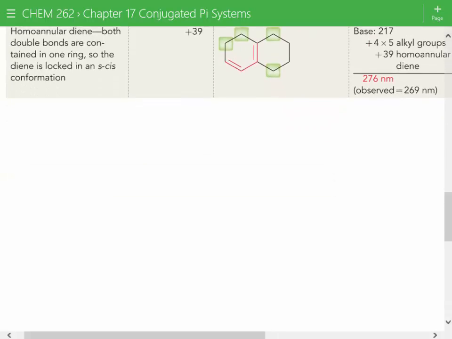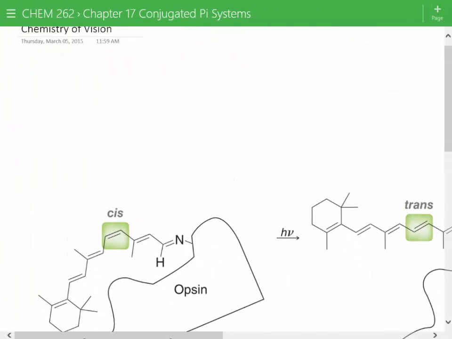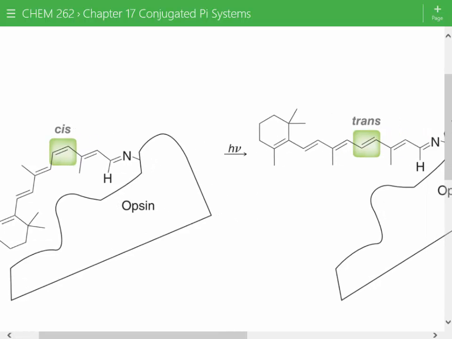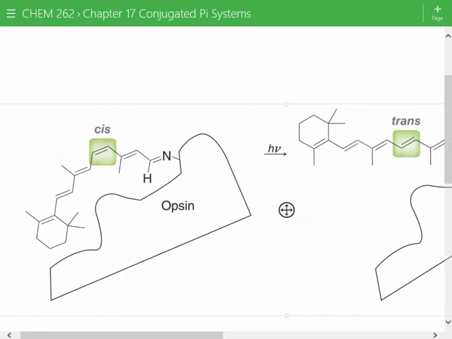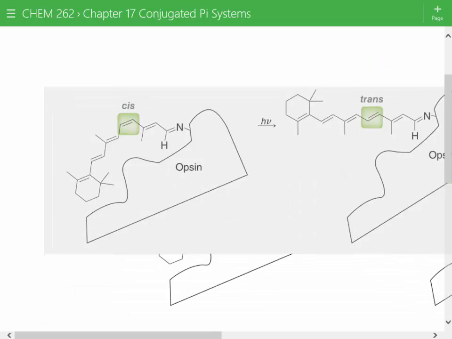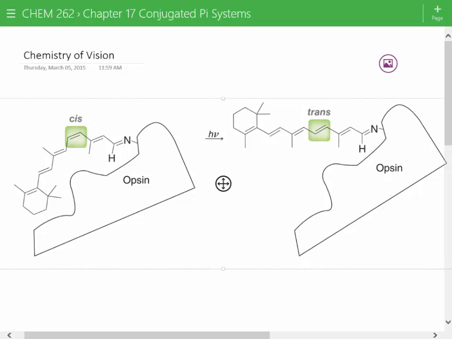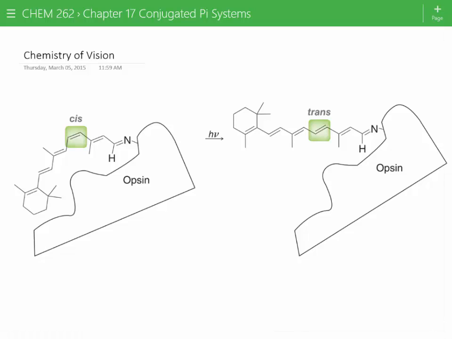The one last thing I wanted to leave you with is about the chemistry of vision. And let me shrink this down. This was one last thing I love talking about in this chapter because people say organic chemistry is not relatable. If you look at the molecules in our eye receptors, our rods and our cones, they consist of these highly conjugated systems, right?